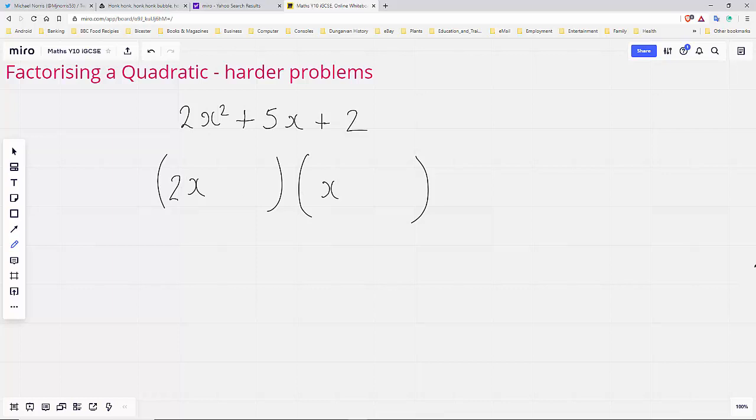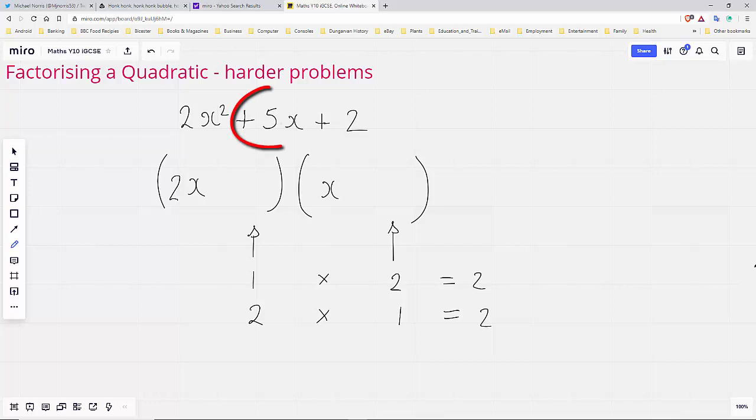So 2x times x will give me the 2x squared. Now I've got to generate 2 at the back, so I've got to put either a 1 or a 2 in. So in here I could put a 1, in here I could put a 2. 1 times 2 will give me 2. Or I could put a 2 in and times it by a 1 to get a 2. The question is which way around.